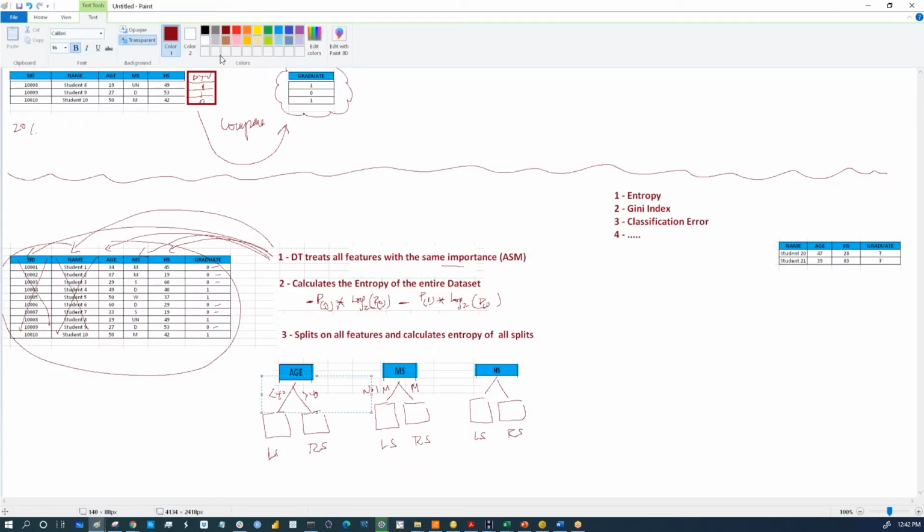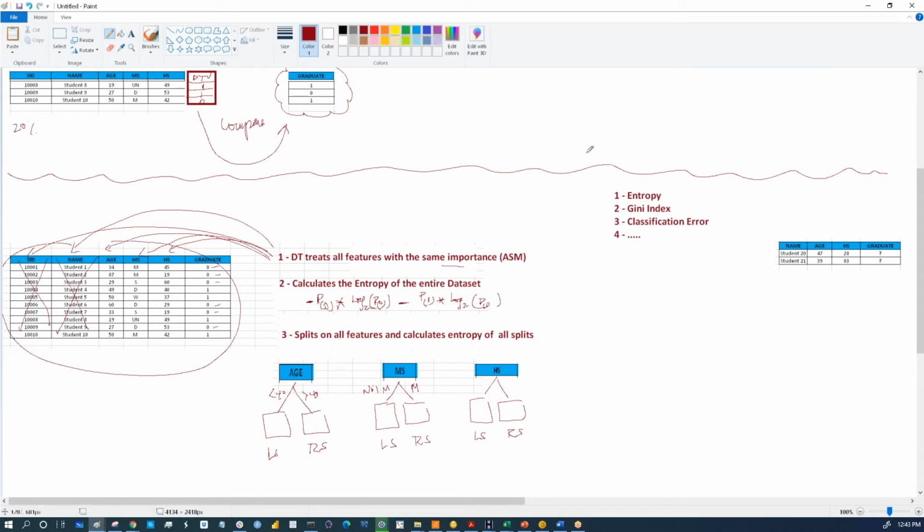So we are assuming that we are using the entropy criteria. This is what entropy does. The Gini index does the same process but with different calculations, a different mathematical function.